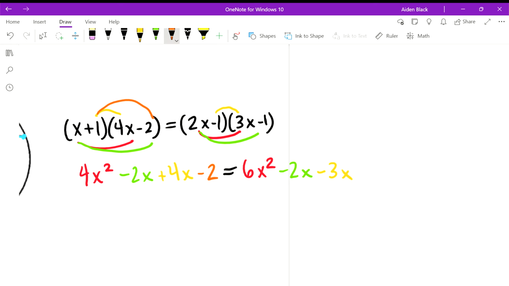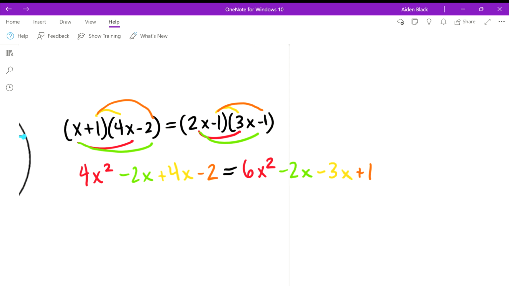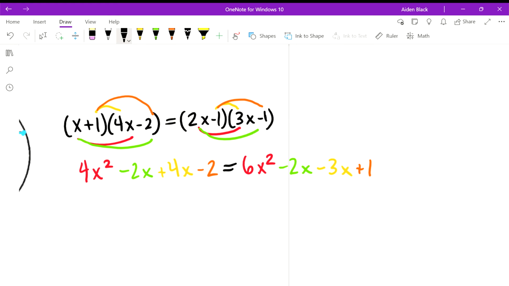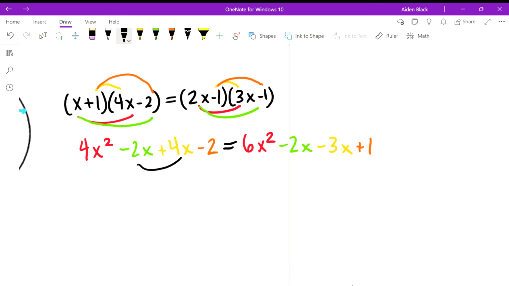And then finally, we do last term times the last term. So that should be plus 1. So I'm going to simplify this. We'll combine like terms here. That's 4x squared, plus 2x, minus 2 is equal to 6x squared. Combine these like terms. That's negative 5x plus 1.